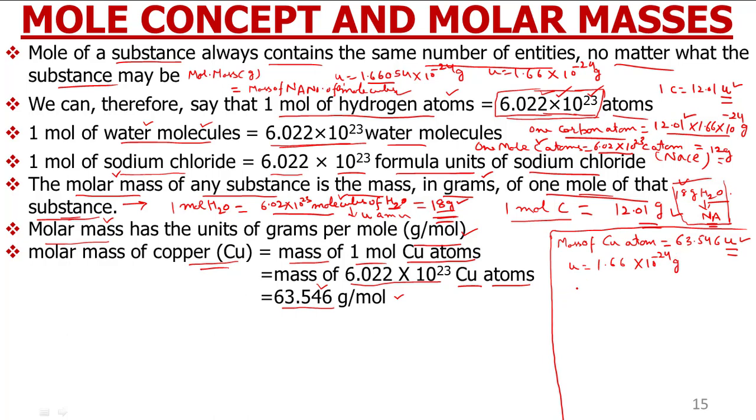So we can say the mass of a copper atom is equal to 63.546 into 1.66 into 10 raised to power minus 24 gram. This is the mass of a single copper atom.